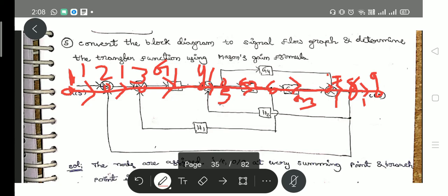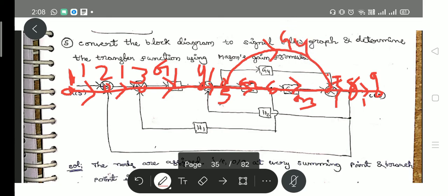Then from 5 to 7, one feedback link is there, so we draw one line. The arrow mark is the output direction, so I am taking this direction G4.